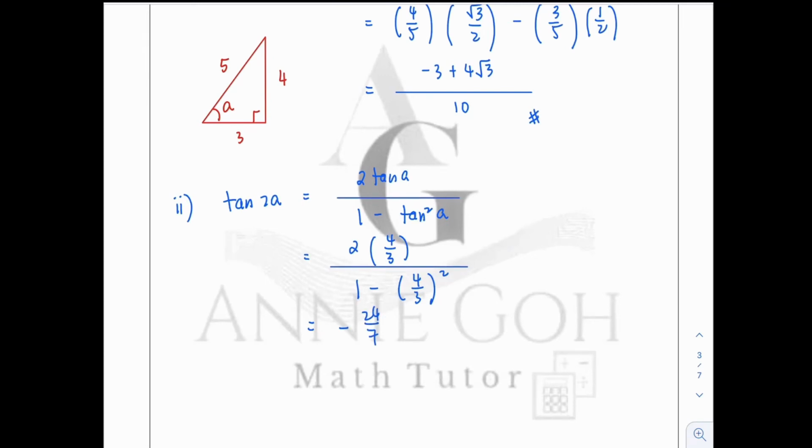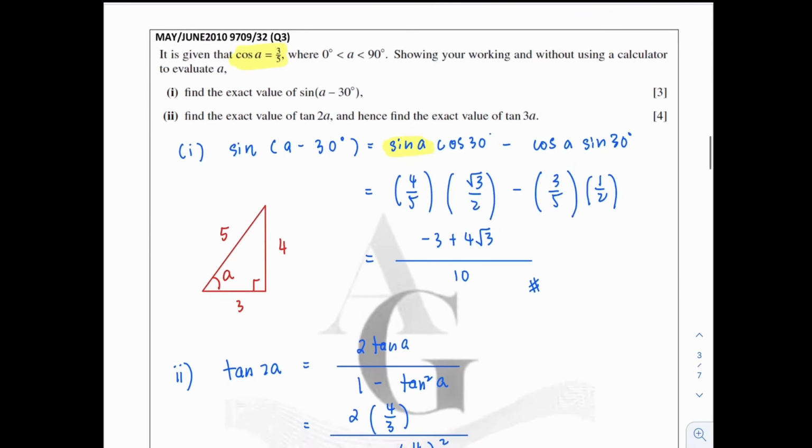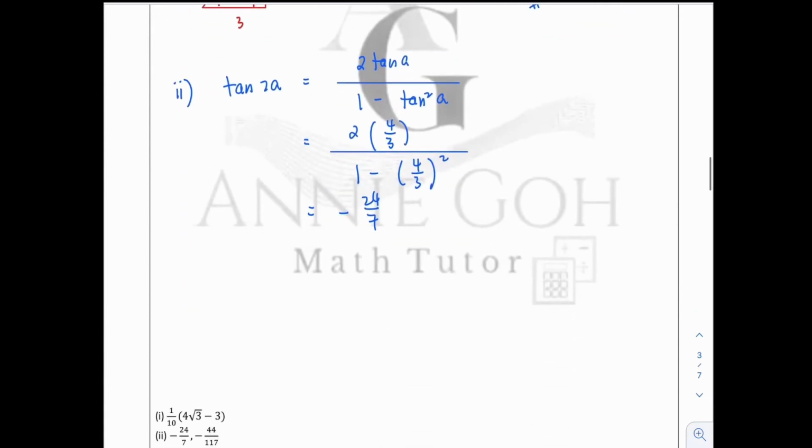As for the last part of the question, you are asked to find out the exact value of tangent 3A. So how to find out tangent 3A? You are supposed to use the compound angle formula.